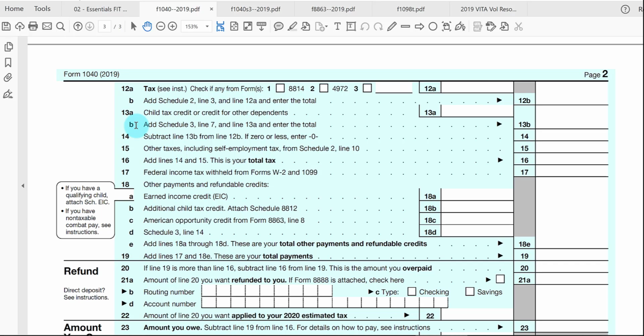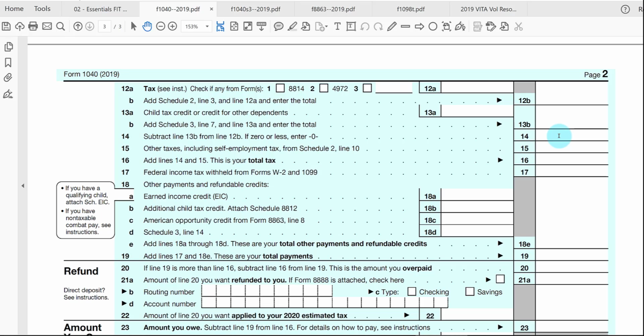Now remember, we had the refundable type American Opportunities Credit, and that's right here in line 18C. Remember, this is the better type of credit because this is the amount that can be refunded even though the tax liability has been reduced to 0 up here.